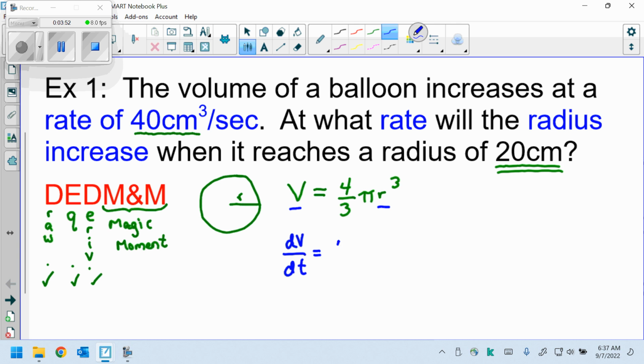Now 4/3 and pi, those are coefficients on the r cubed, so they come along for the ride. And the derivative of r cubed, well, that would be 3r squared times the derivative of what's inside. And what is the derivative of r?